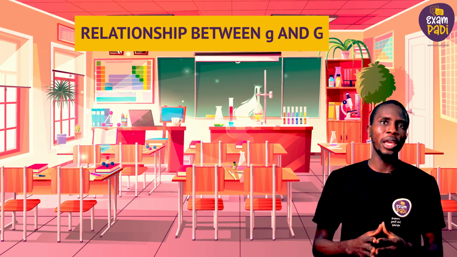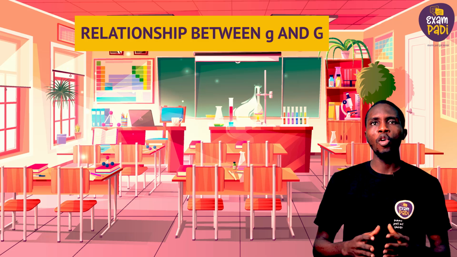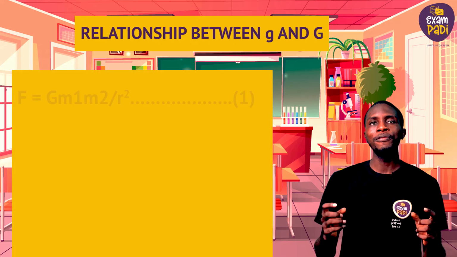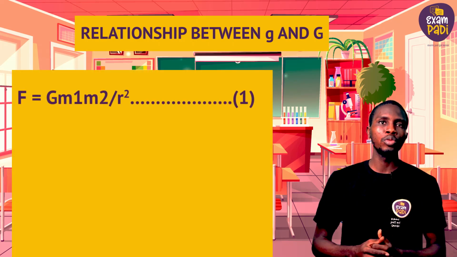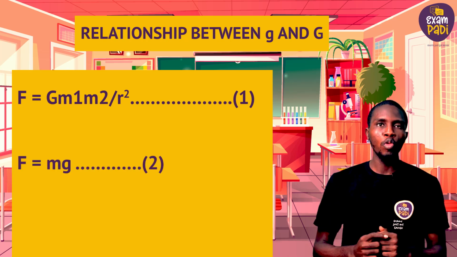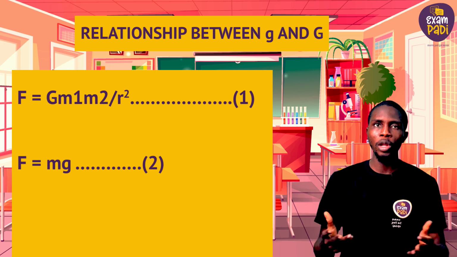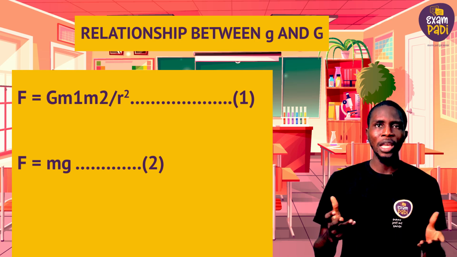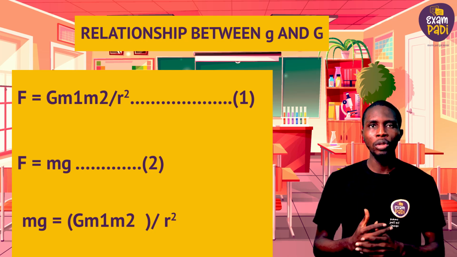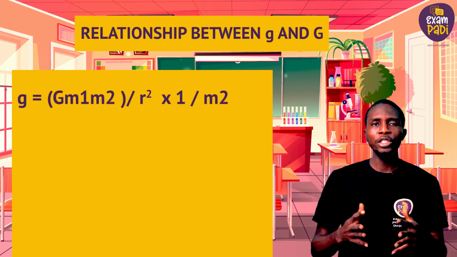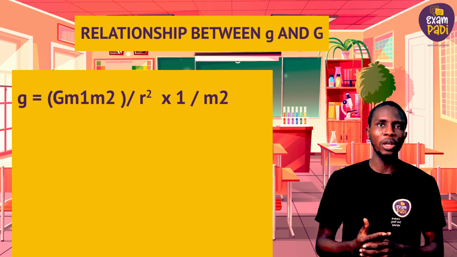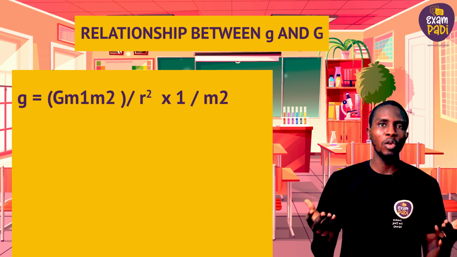If the force of attraction F between two particles of matter separated by a distance r is given by F = Gm1m2/r², as equation 1. Also recall F = mg, from the formula of force. By substituting F with mg in equation 1, mg = Gm1m2/r². Acceleration due to gravity g equals Gm1m2/r² multiplied by the inverse of m2.